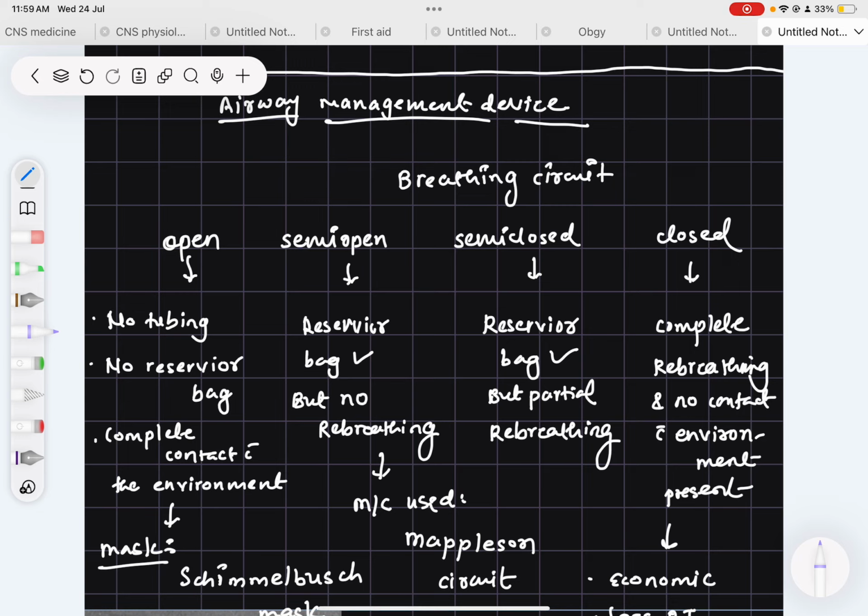First is the source of the gases, then all the regulatory systems within the anesthesia machine, and the third one is the circuit that is going to deliver all this to the patient in a very controlled way. The breathing circuit is mainly of four types: open, semi-open, semi-closed and closed.